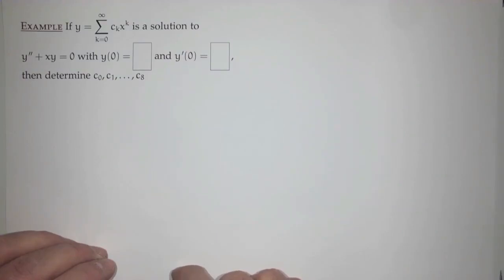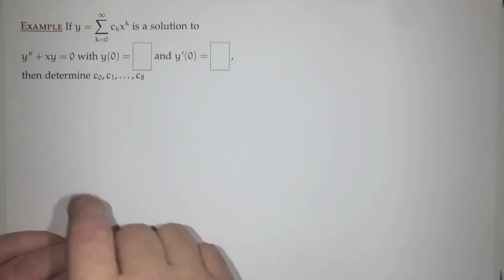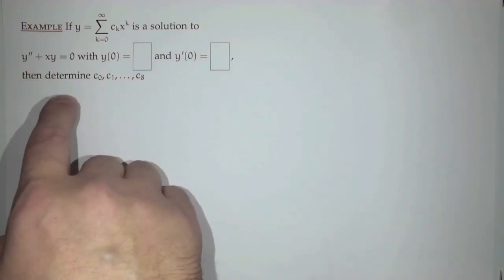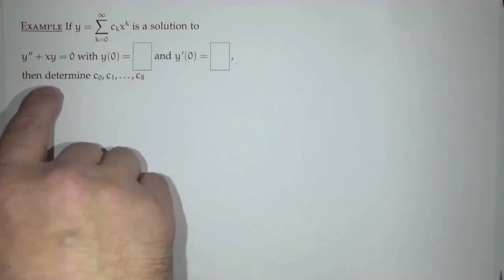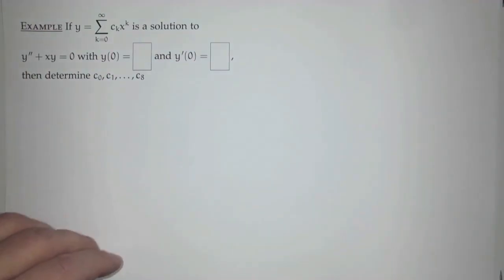So probably the best thing to do on a test would be to skip the question and use my time wisely on the rest of it, because we don't really have good techniques for this one. So there are differential equations where the techniques we have, even if it's not a very hard differential equation to write, are not going to help us get very far. So we don't have a good way to solve that differential equation yet.